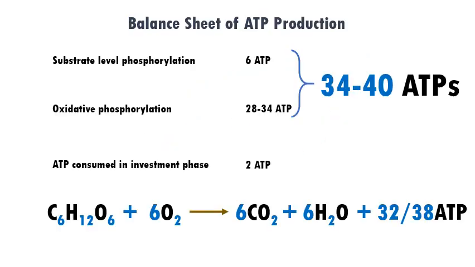So finally, when we get the balance sheet of ATP production, we can observe that through substrate level phosphorylation 6 ATPs get generated, and through oxidative phosphorylation the production of ATP can range from 28 to 34 ATPs. So together we will get 34 to 40 ATPs when we combine these two.